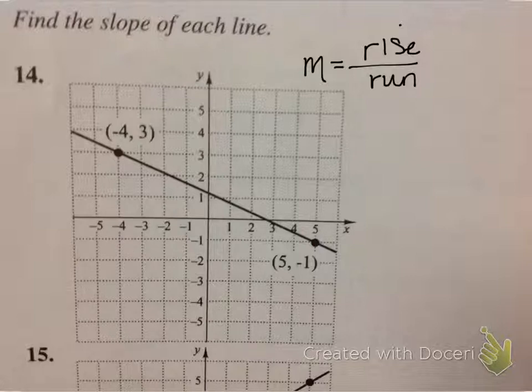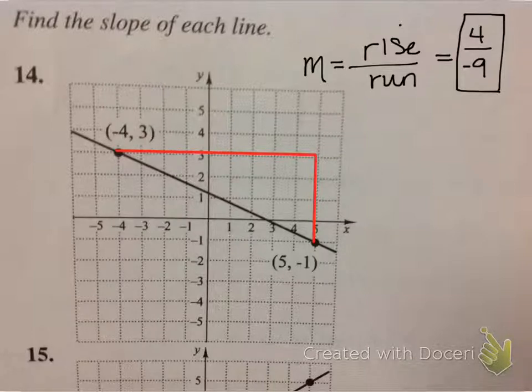If I start from this point and I go up vertically, it looks like I am rising 1, 2, 3, 4. So it looks like my rise is 4. Then my run appears to be 1, 2, 3, 4, 5, 6, 7, 8, 9 units to the left. And since I'm going to the left, it's going to be negative. So my slope would be negative 4/9.